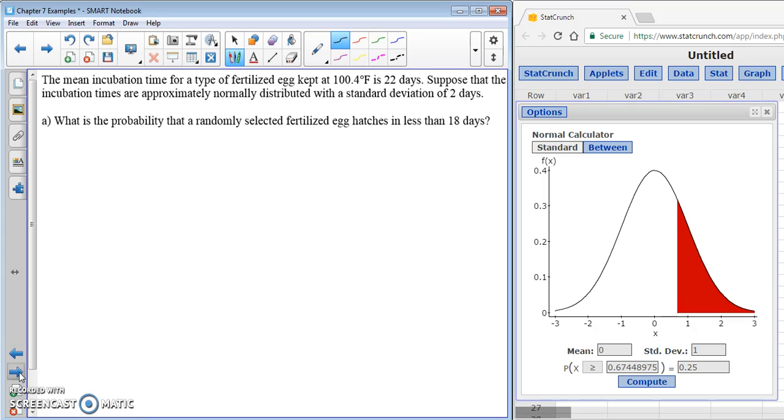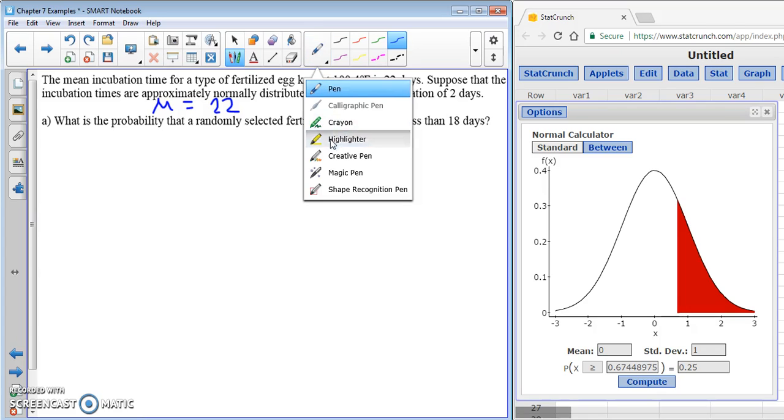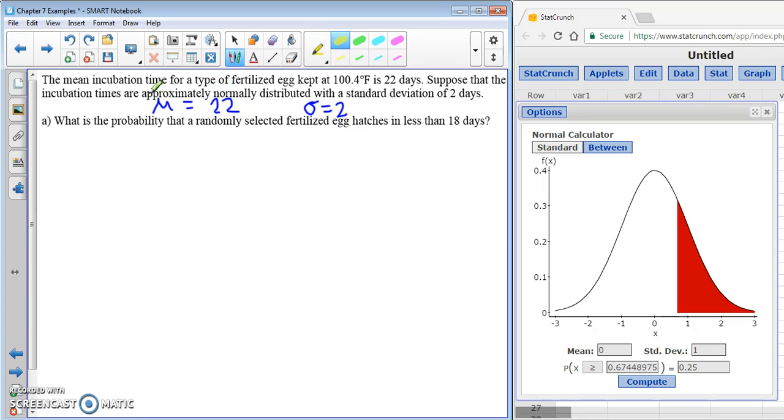So let's go ahead and write down what we have so far. We have that our mean is 22 days and our standard deviation is 2. And we have approximately normally distributed.